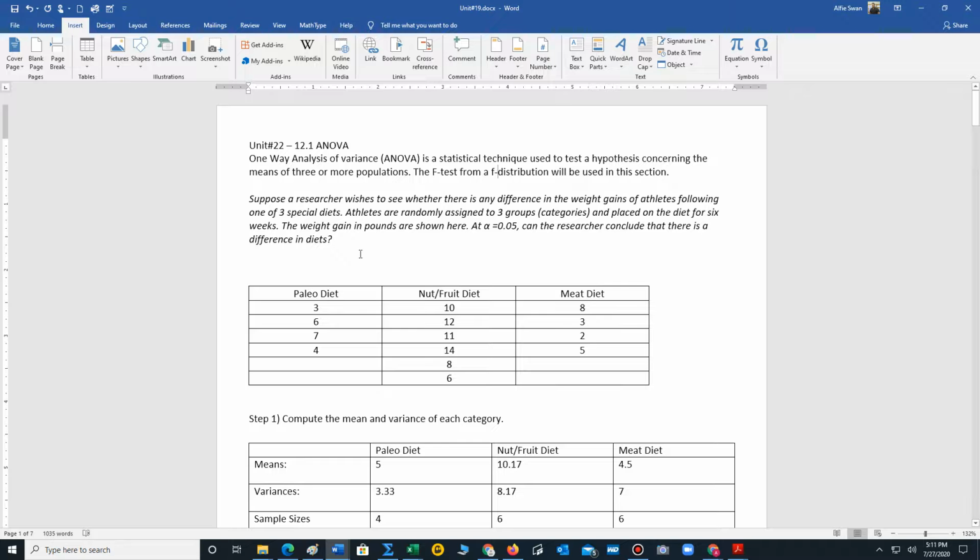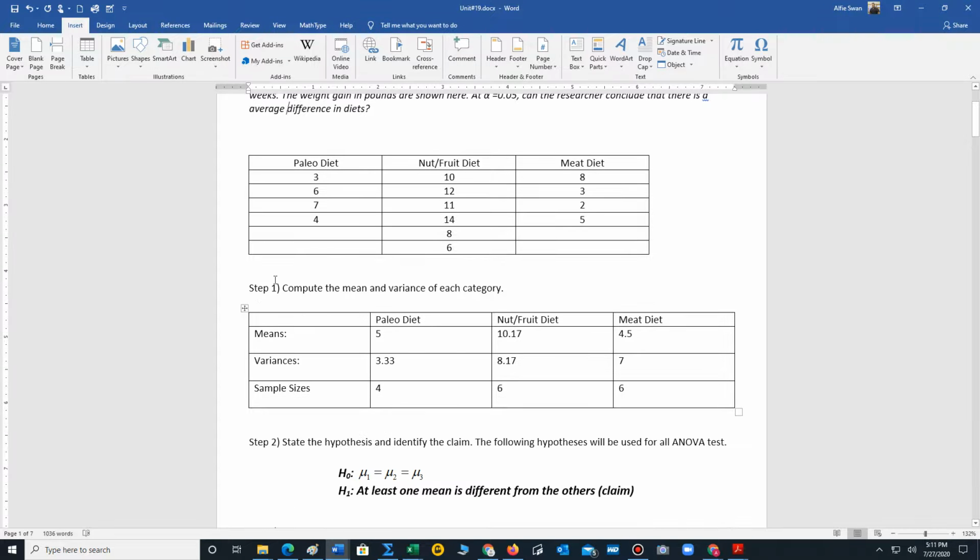We should say that there is an average difference in diet. So we have the paleo diet, nut fruit diet, and the meat diet. These are the weight gains for the athletes. Step 1, we need to compute the mean and variance of each category.